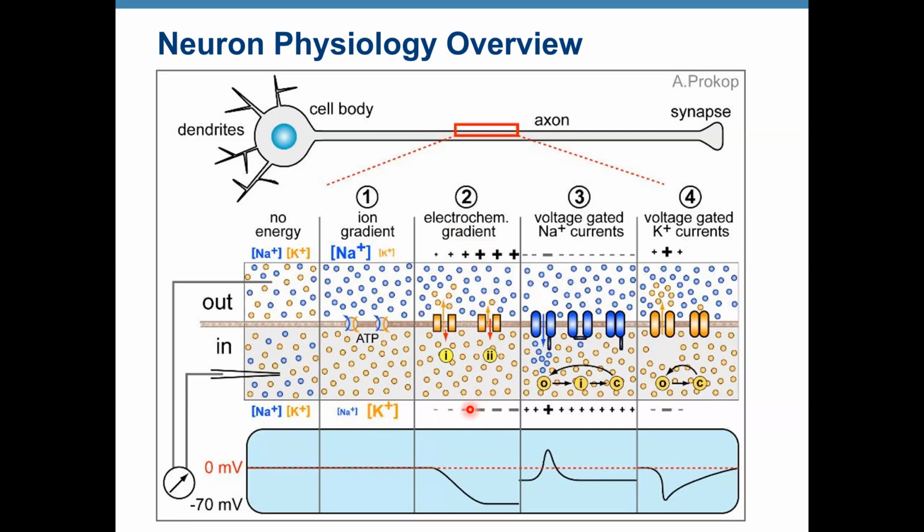Because if here we have negative charge inside and potassium is positively charged, then it will be attracted to the negative interior of the cell. So again, potassium moves out because of the chemical gradient, and potassium moves in because of the electrical gradient. Potassium is attracted by the negatively charged proteins inside the cell.